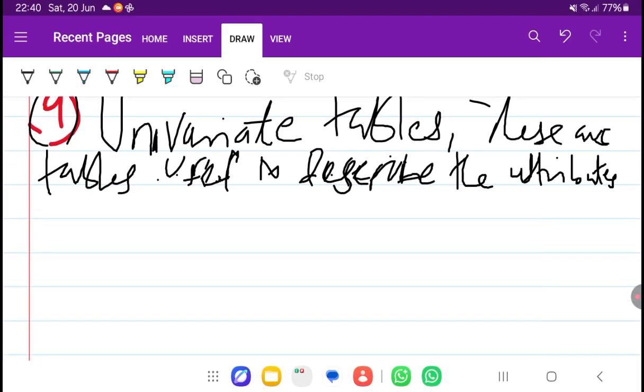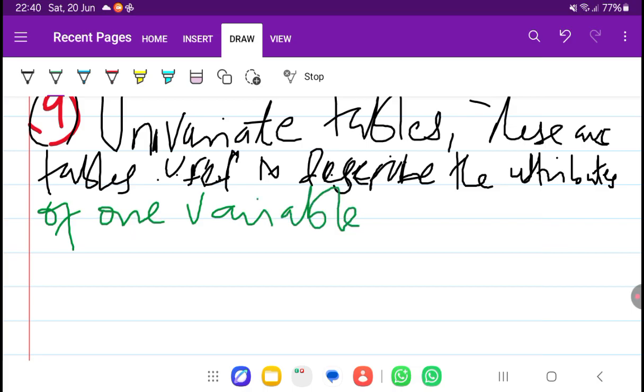A variable is like one kind of item that we talk about.